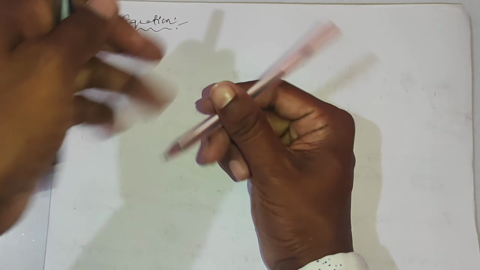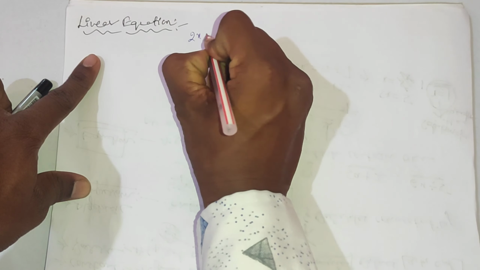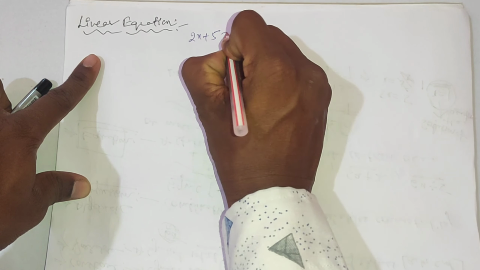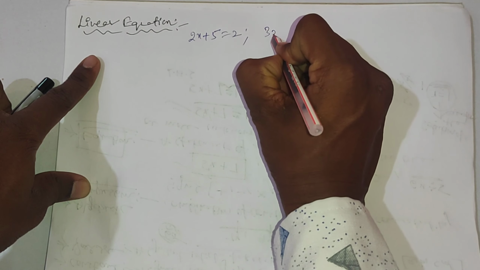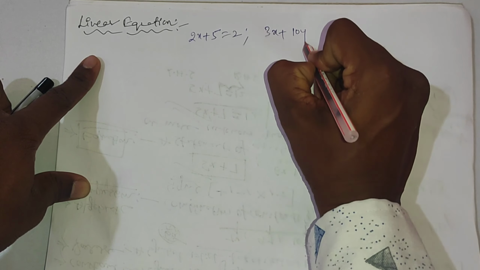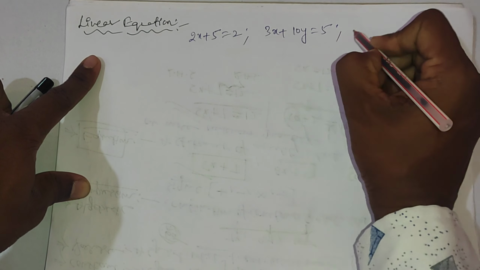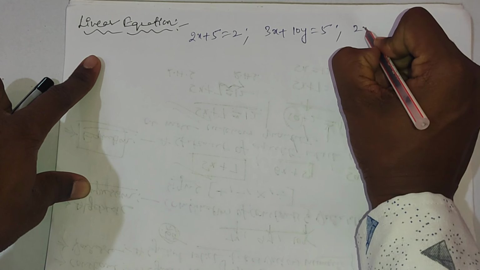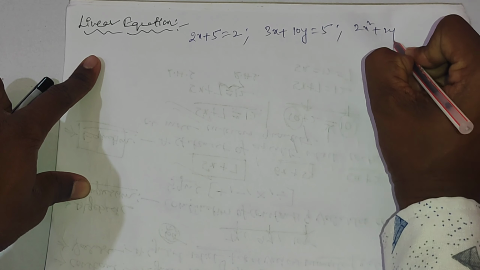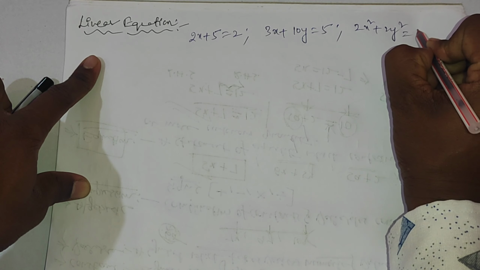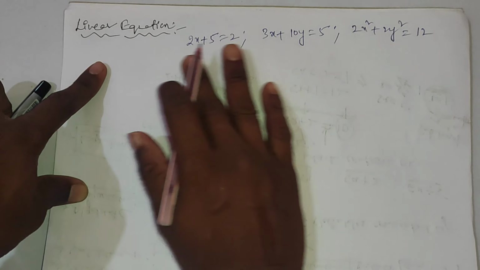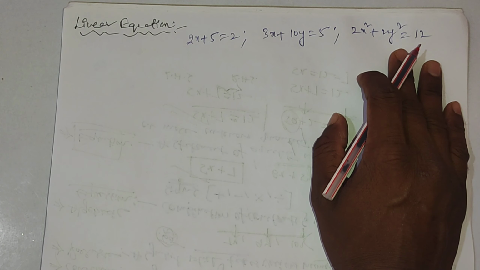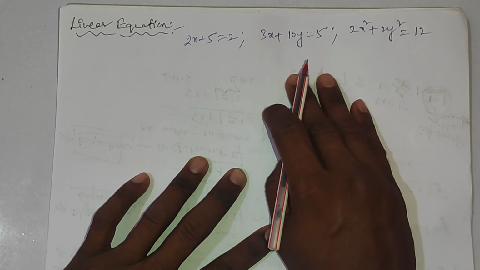I'm taking 2x plus 5 equals 2, and 3x plus 10y is equal to 5, and 2x square plus 2y square is equal to 12. Okay, I took 3 examples. Now what will you say about these?